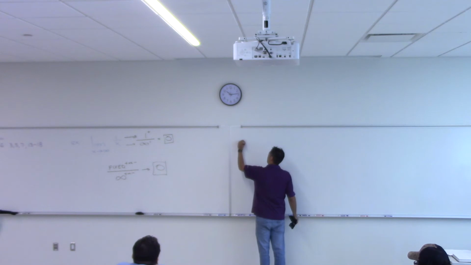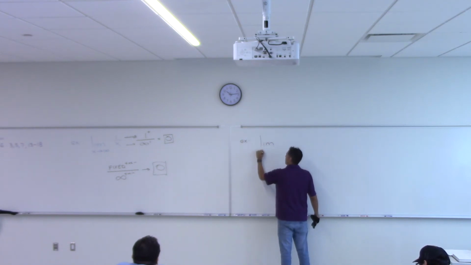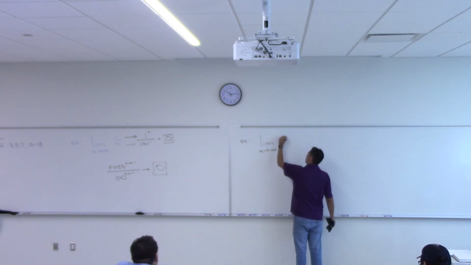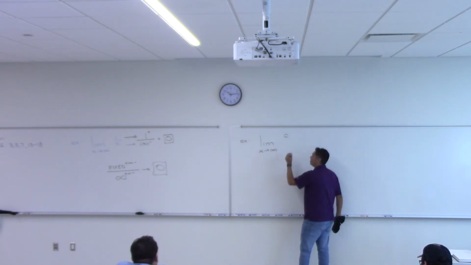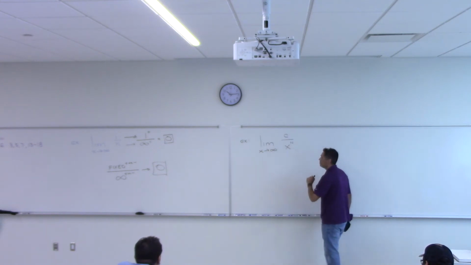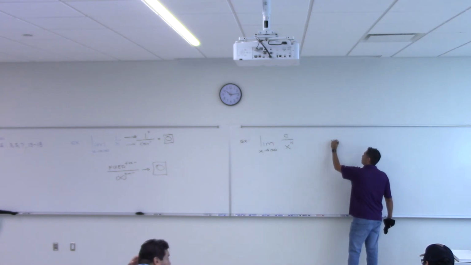Another example. What about this? Limit as x goes to infinity of c, which is just a constant, over x to any power n, where the power is greater than 0.